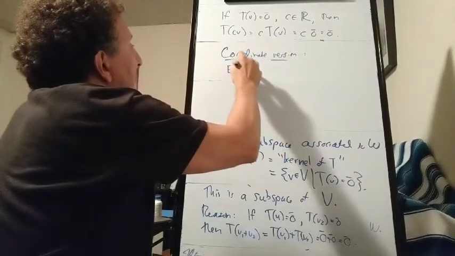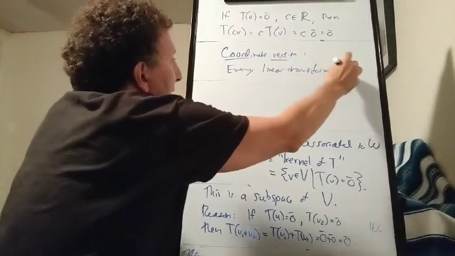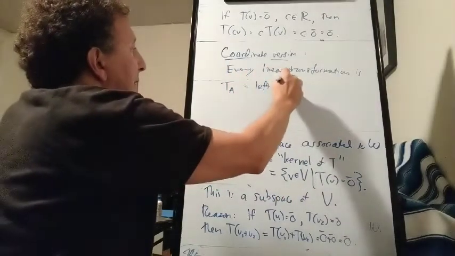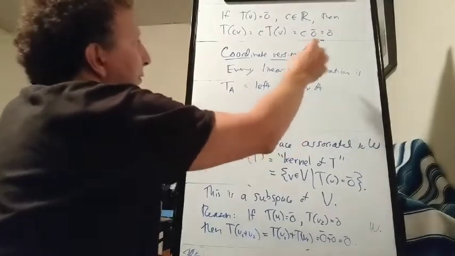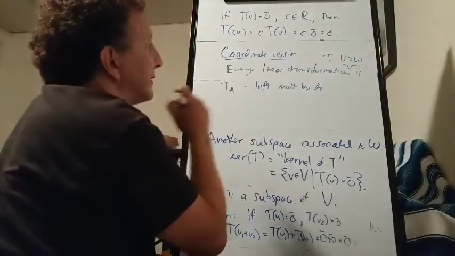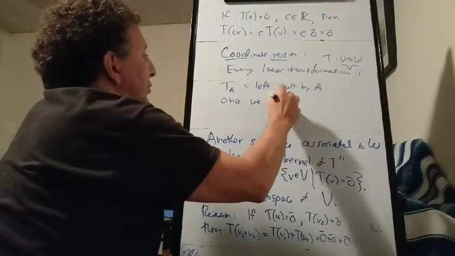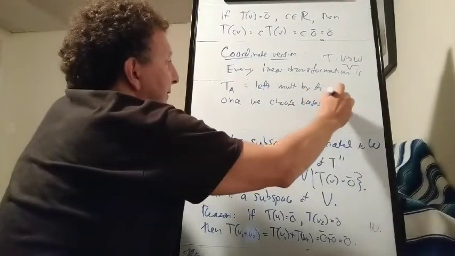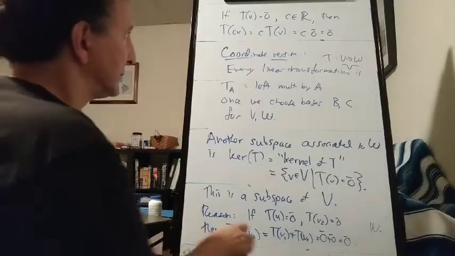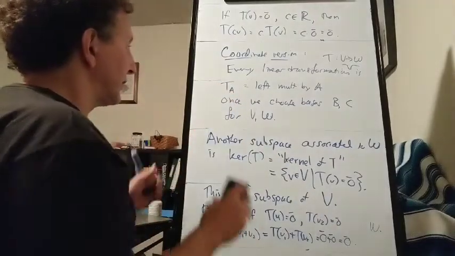So remember, every linear transformation T from V to W is left multiplication by A once we choose bases, let's say B and C, for V and W. So let's look at the range and the kernel of transformations of the form T sub A.